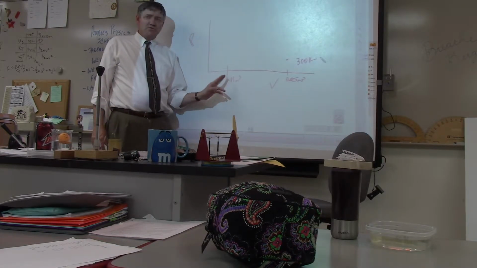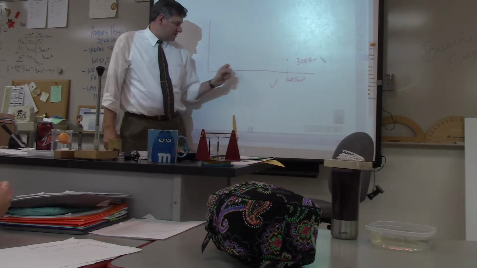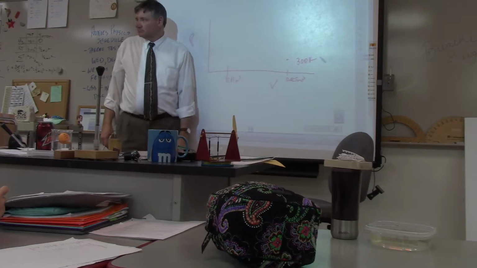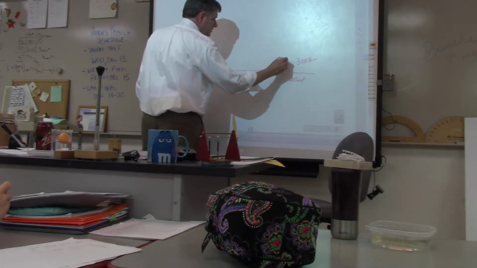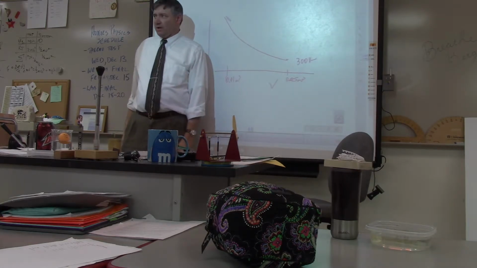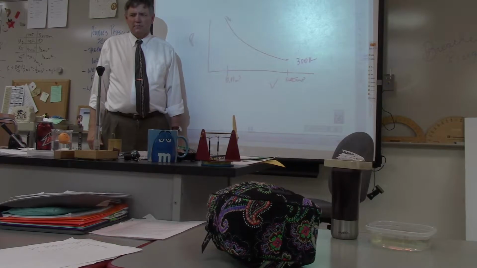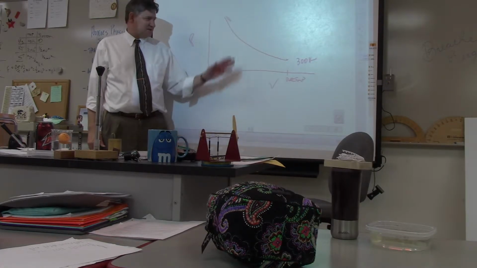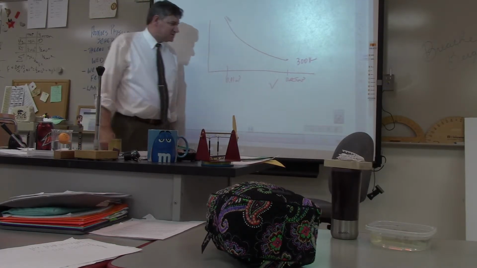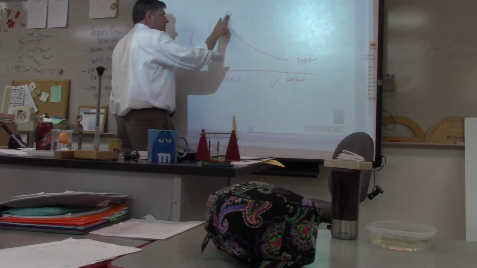So if it's an isothermal compression, what's that line going to look like going from here to here? Like that. Okay? That's good, not a straight line. You're right. Because it's an inverse relationship, because PV equals nRT. Now, when I get to this point, what's the temperature?